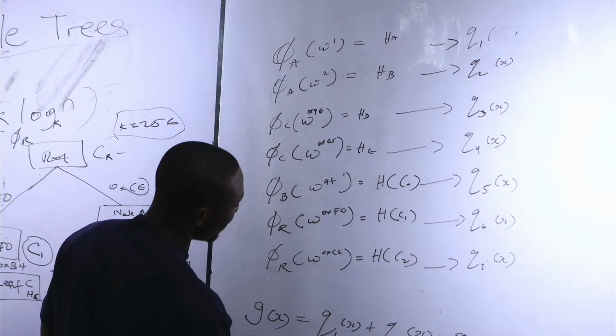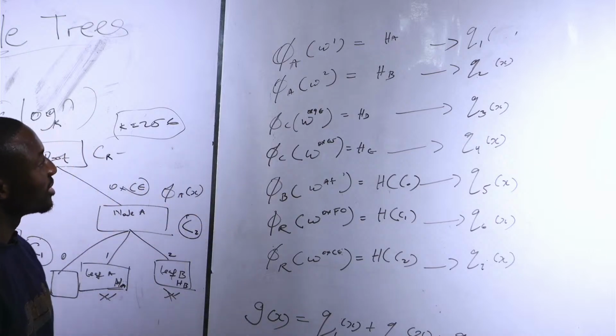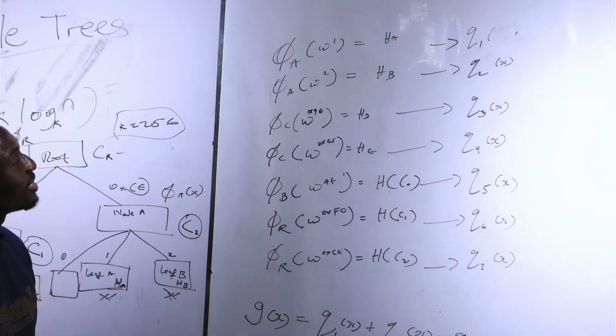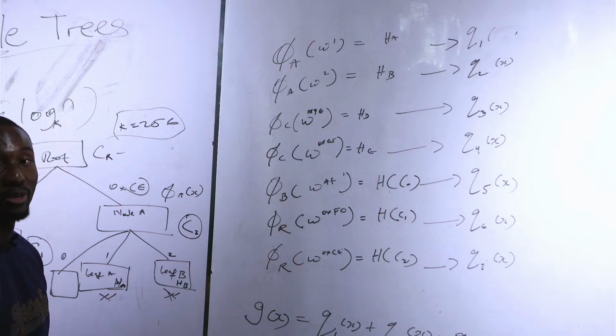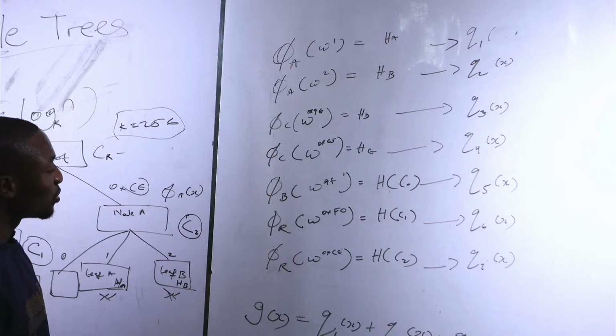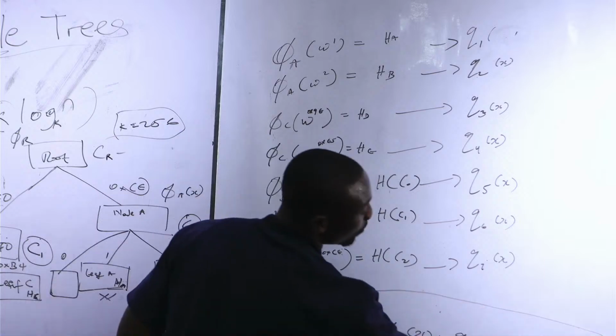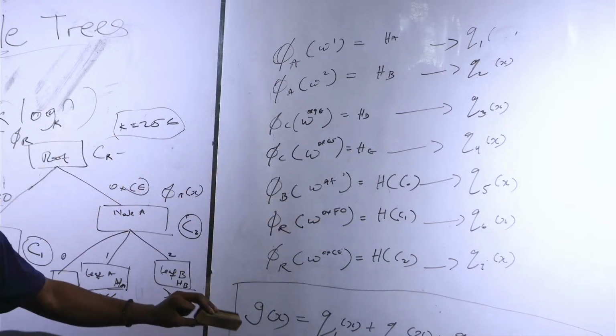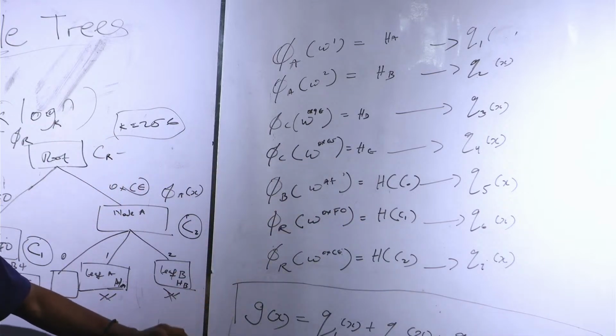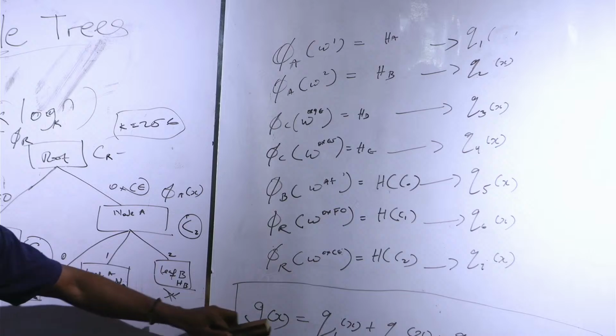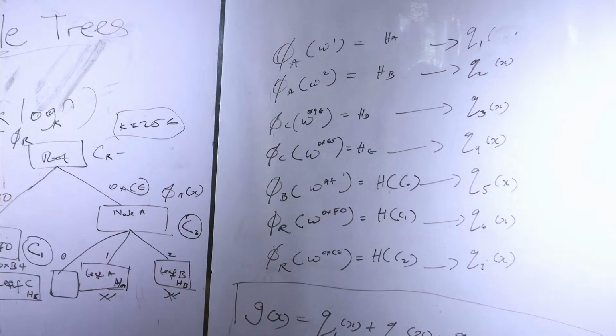To ensure that someone does not manipulate the polynomial, the essence of this proof is to show that when you add all these quotients, it gives you another polynomial.